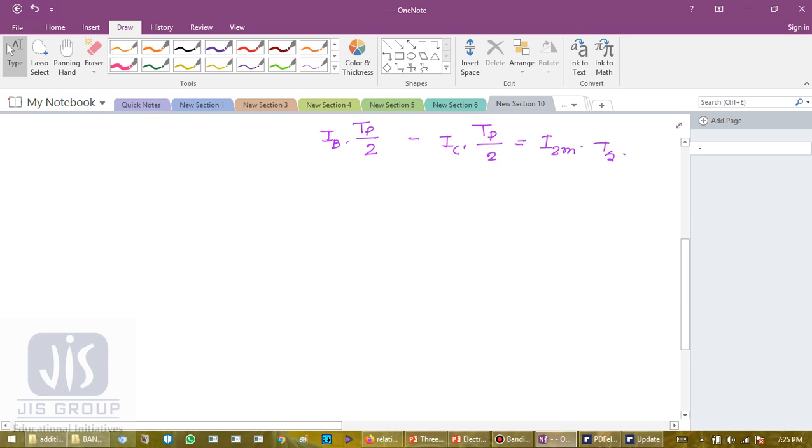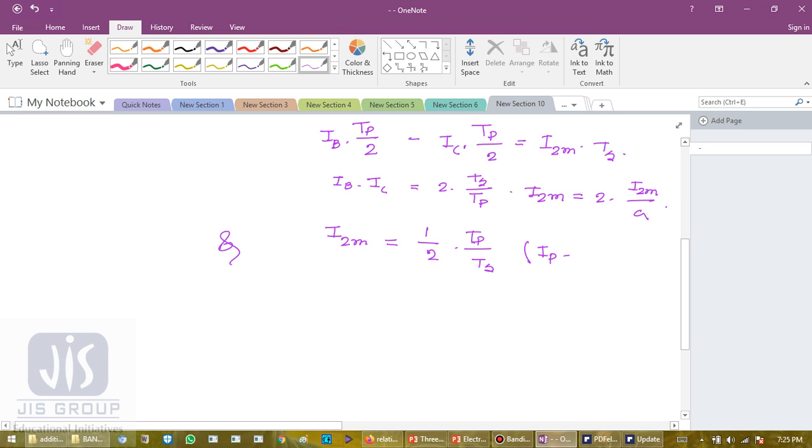So from here we will get IB minus IC equals 2 into TS by TP into I2M equals 2 into I2M by A. I2M equals half TP by TS into IB minus IC.